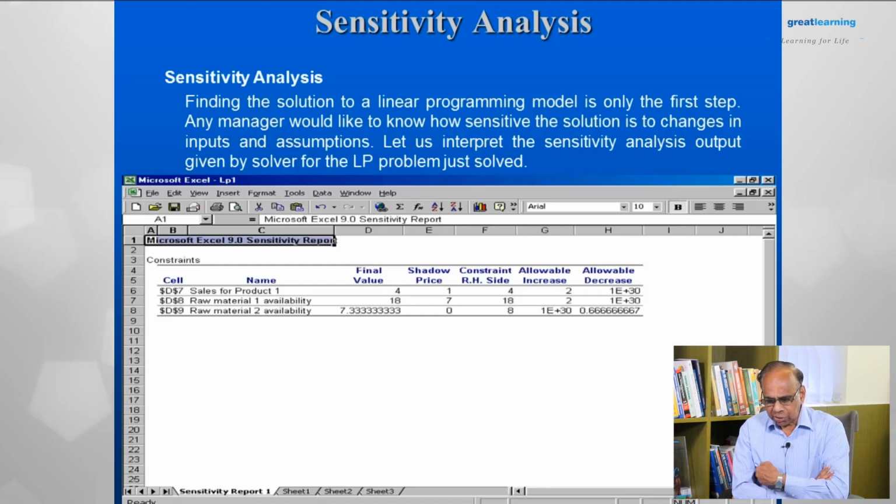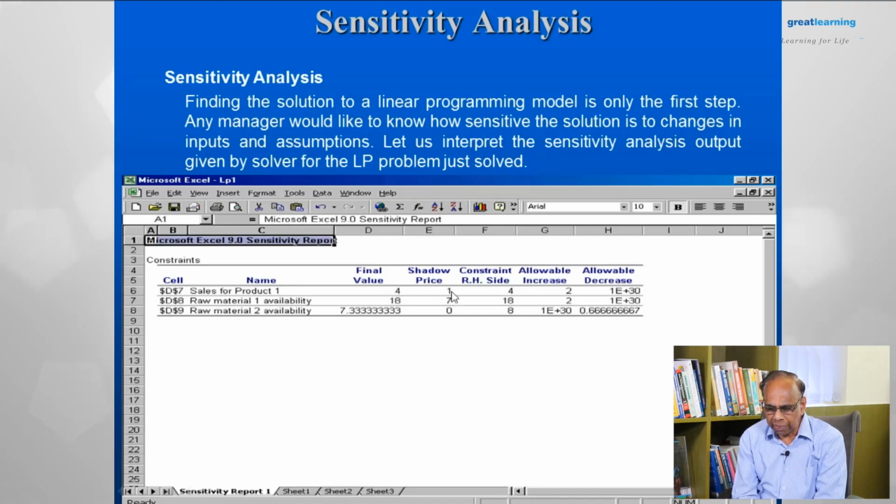Similarly, if I decrease by 1 unit from 4 to 3, the profit will decrease from 130 to 129. So you will not like to decrease it. You will have to ask the marketing people whether they can increase the sales by 1 more unit.